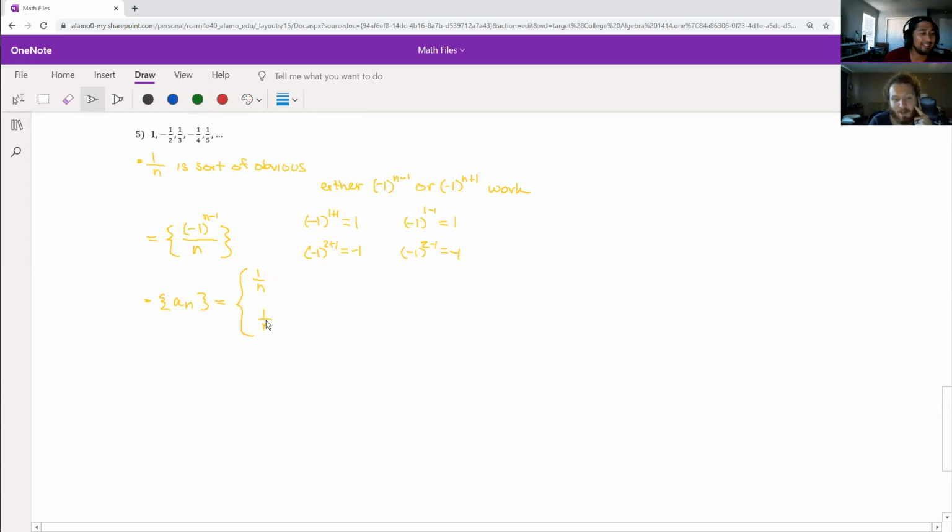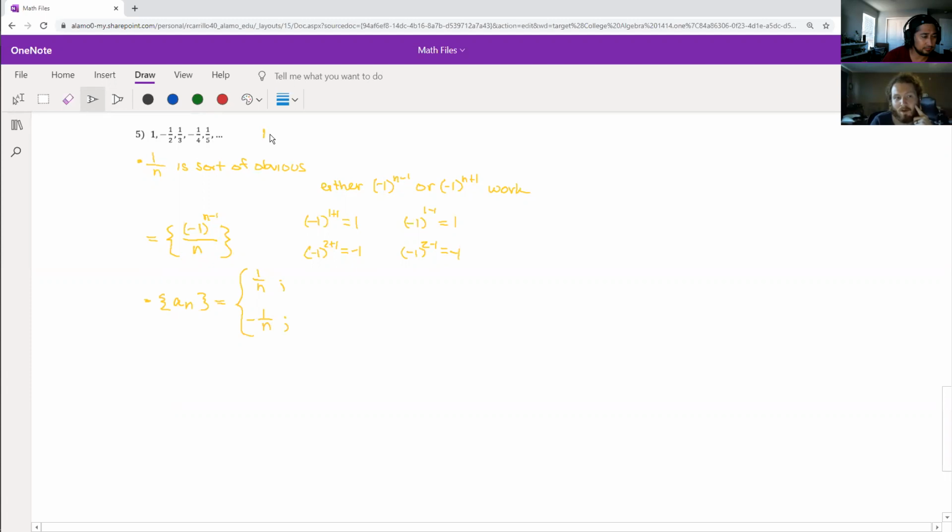So it'd be 1 over n and -1 over n, right? Okay. And then this is for what? What are our values doing up here? Which ones are negative and which ones are positive?